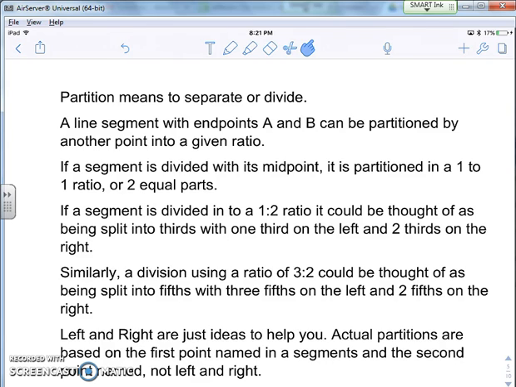If a segment is divided into a 1:2 ratio, it could be thought of as split into thirds. So what we're going to start to notice here is that 1 plus 2 gives us 3. So a ratio of 1:2 is actually talking about thirds, with 1/3 on the left, 2/3 on the right.